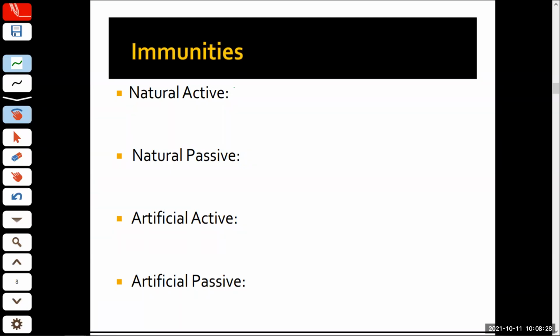Okay, so I'm going to just say biologically exposed. And active. Yeah, you learn about it. So this is, you're biologically exposed. You learn how to make antibodies.